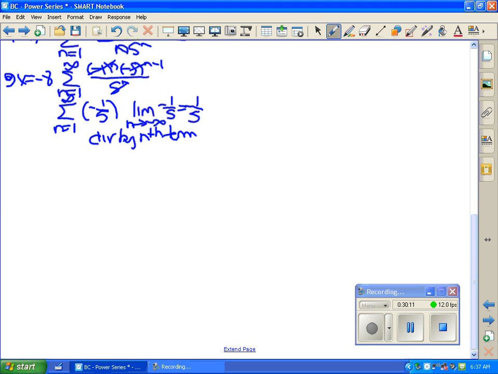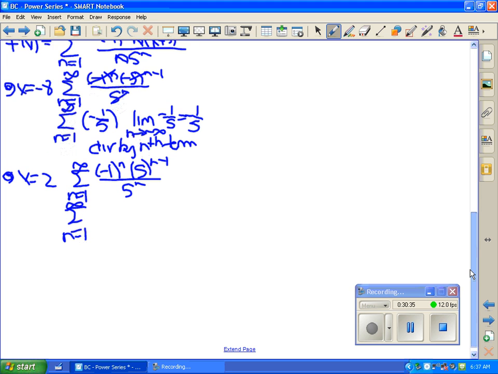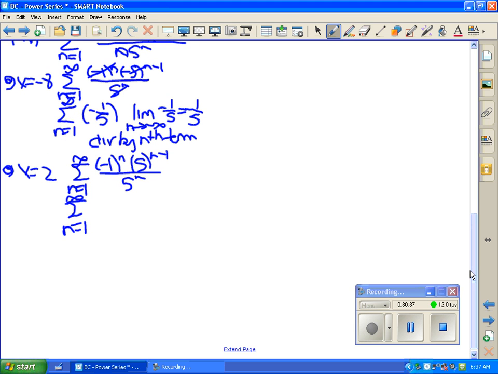Now, if I substitute in the other endpoint, at x equals 2, into my f prime, I'm going to get the sum from n equals 1 to infinity of negative 1 to the n, this time times 5 to the n minus 1 all over 5 to the n. So simplifying, that is going to be negative 1 to the n and a 5 to the negative 1.